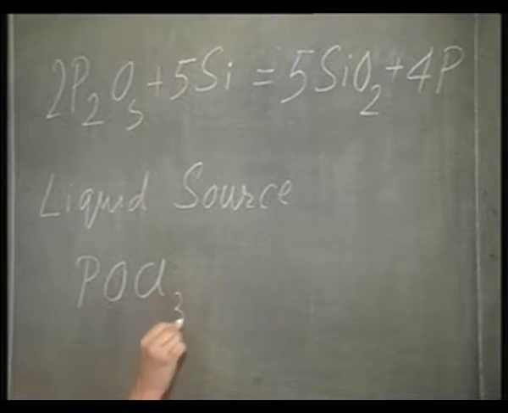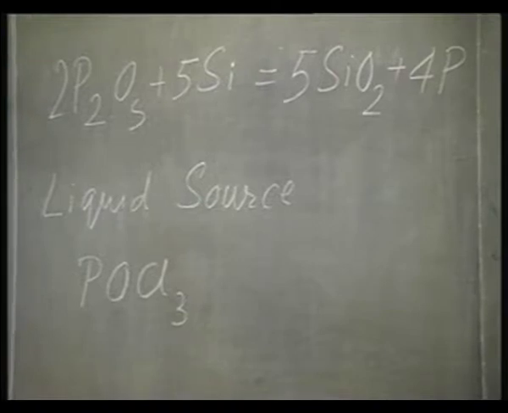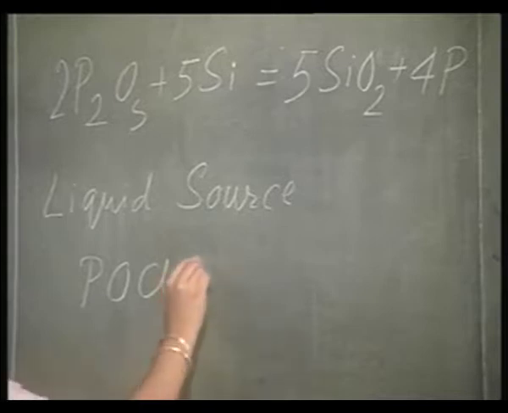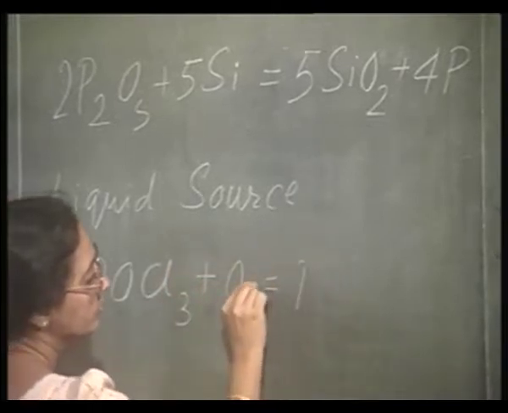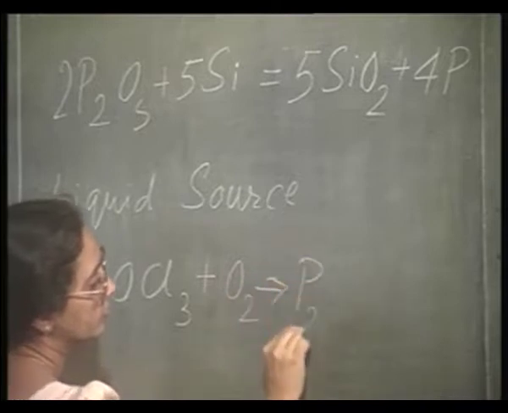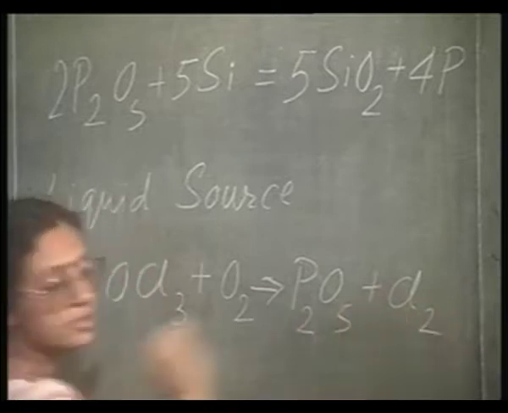Phosphorus oxychloride, POCl3. This is almost universally used. This POCl3 will react with oxygen to form P2O5 and release chlorine.